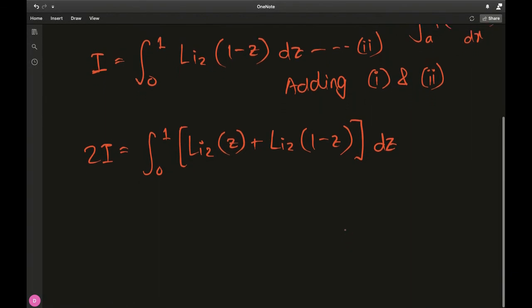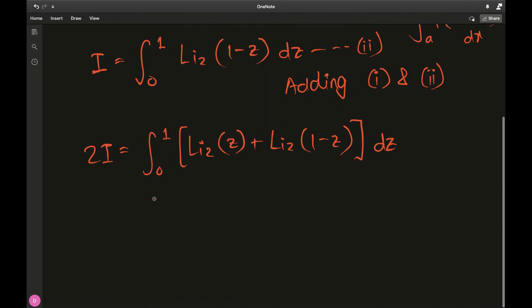Fair enough. Now at this point, those of you who haven't seen yesterday's video, please watch it, because what is going to follow is actually yesterday's reflection formula for the dilogarithm function.